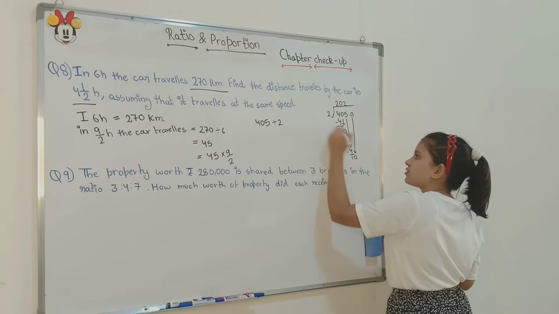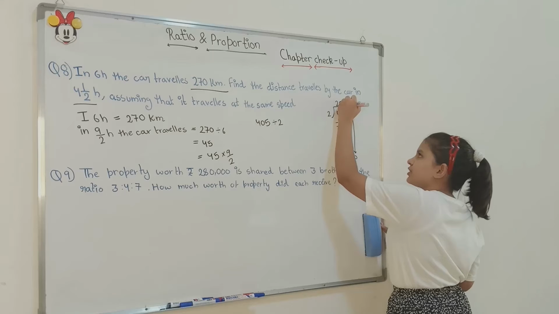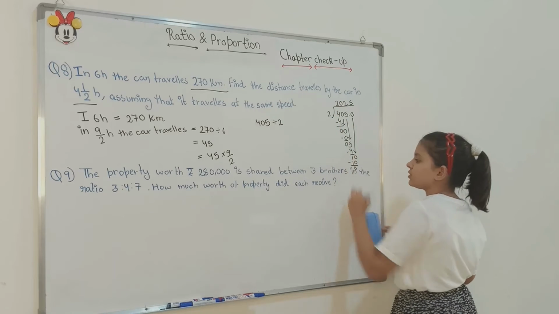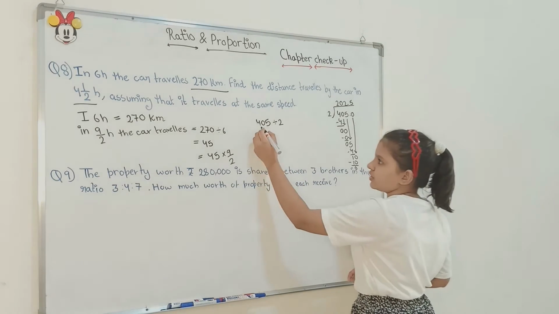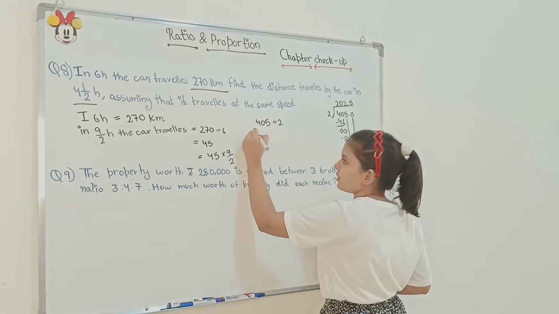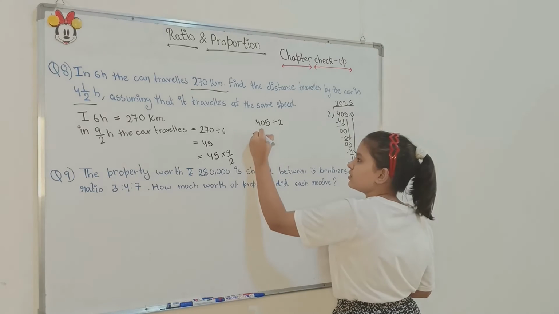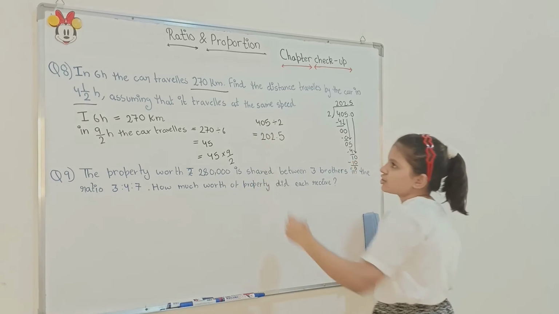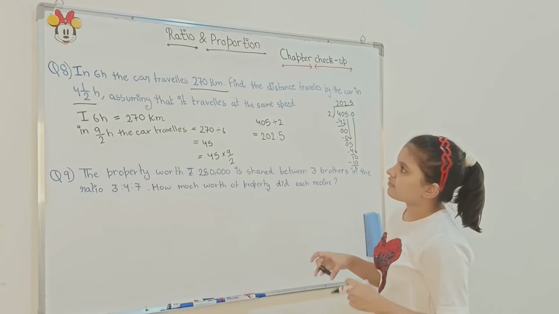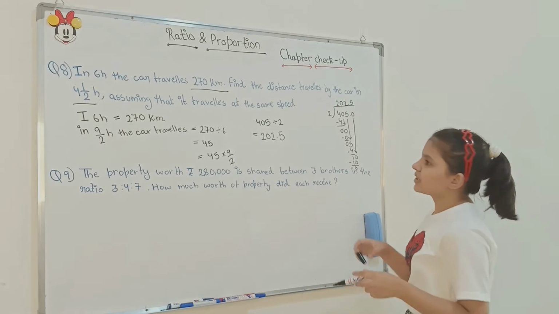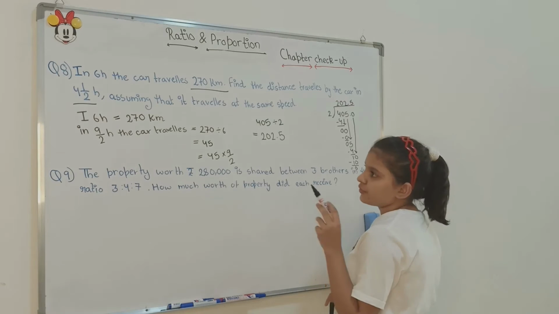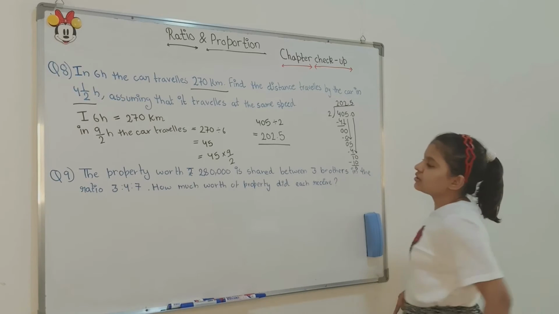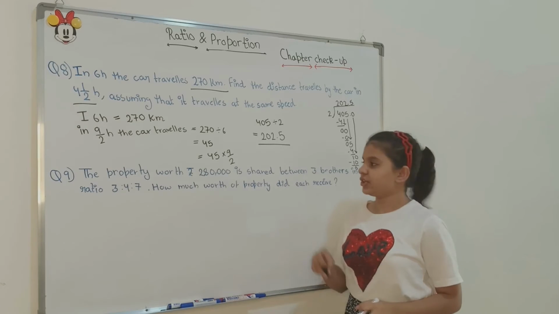Now we got 10, so 2 5s are 10. So our answer will be 0. So now when we divided 405 by 2 we got our answer as 202.5. So in 6 hours the car traveled 270 kilometers. Now in 4 1 by 2 or 9 by 2 hours the car traveled 202.5 kilometers.